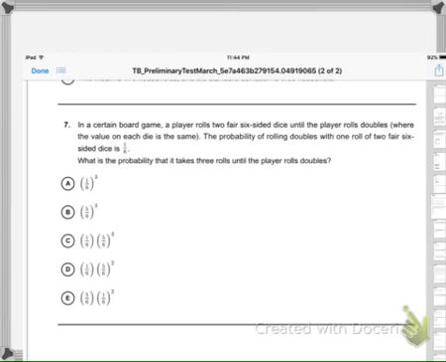And for geometric, we should have these red flags waving to us. And "until" is a key that this is probably geometric. All right, so we're going to roll 2 dice until we get doubles.